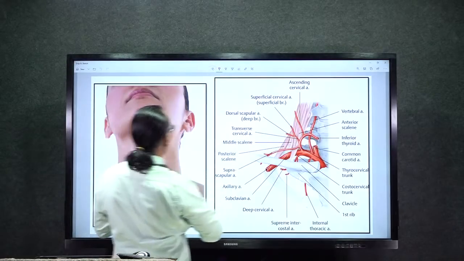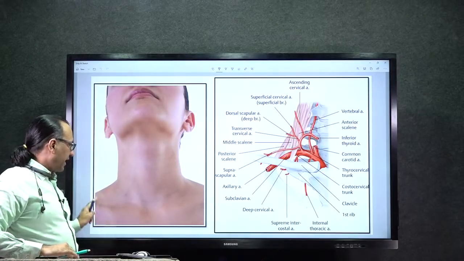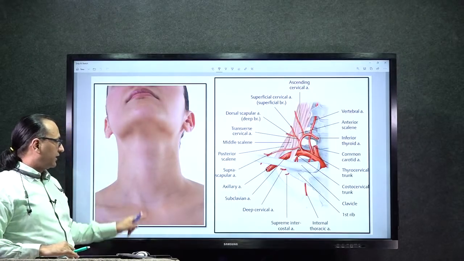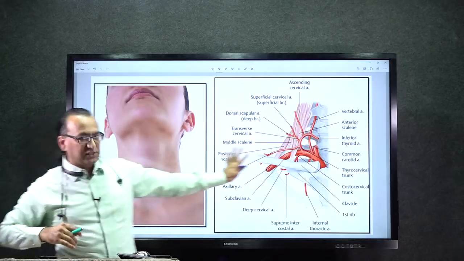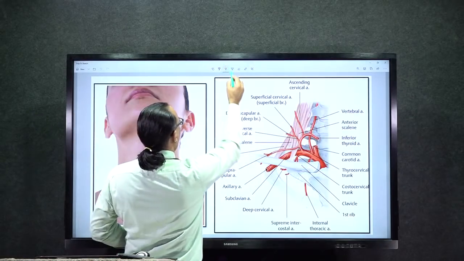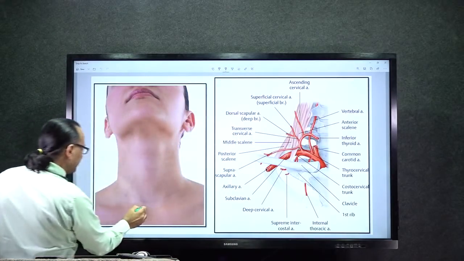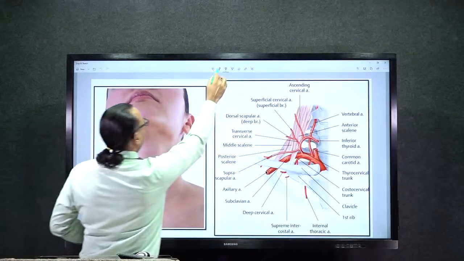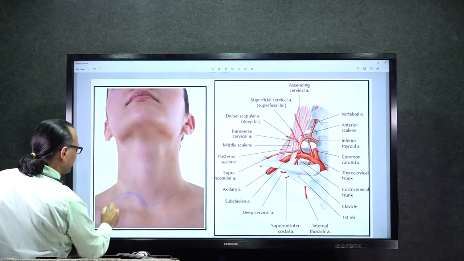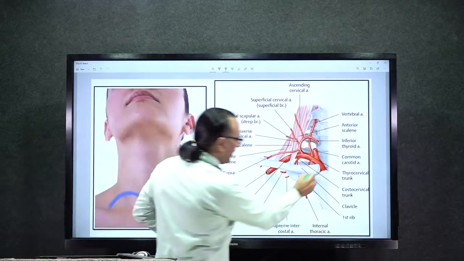And as you will notice, looking on the neck region, actually clavicle area, you will find that this is the right-sided vessels we are talking about. So which vessel are we talking about? You will see that there is this artery, and that artery is the subclavian artery, and we want to talk about the first part of the subclavian artery.